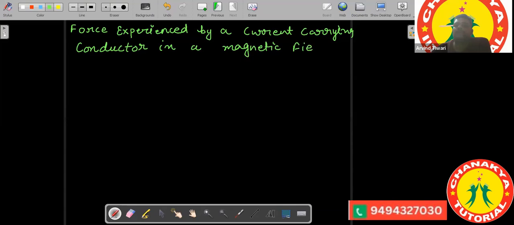So if you have somewhere a magnetic field, and in that magnetic field you place a current carrying conductor perpendicular to it. So this is also an important point. The current carrying conductor should be placed perpendicular to the direction of magnetic field. If it is parallel to the direction of magnetic field, there will not be any force experienced.